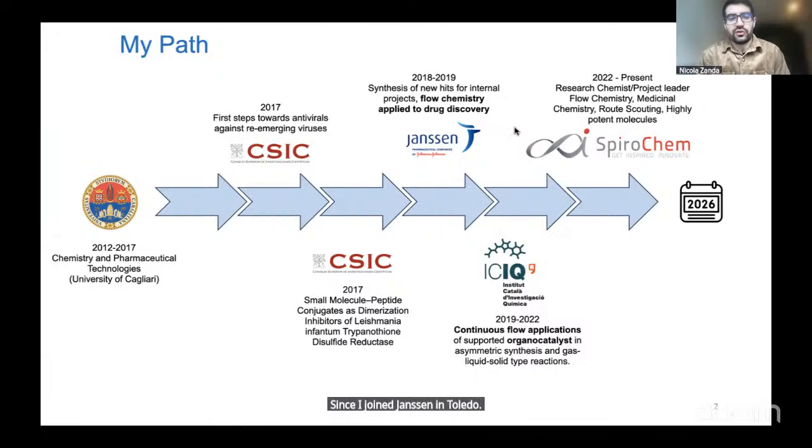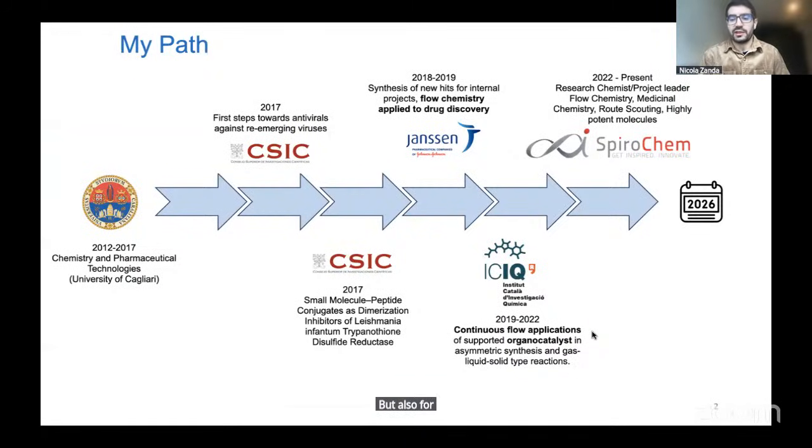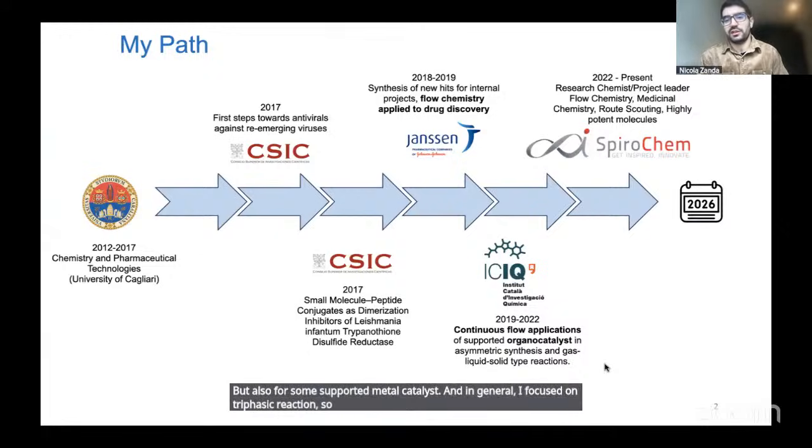We were using flow chemistry to boost the drug discovery process. I continued this at ICIQ during my PhD, where I worked on continuous flow applications for supported organocatalysts, but also for some supported metal catalysts. In general, I focused on triphasic reactions, so gas, liquid, solid type reactions.